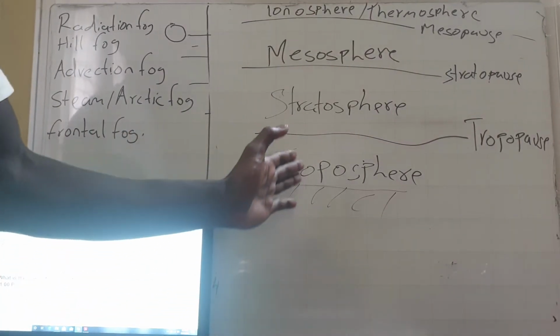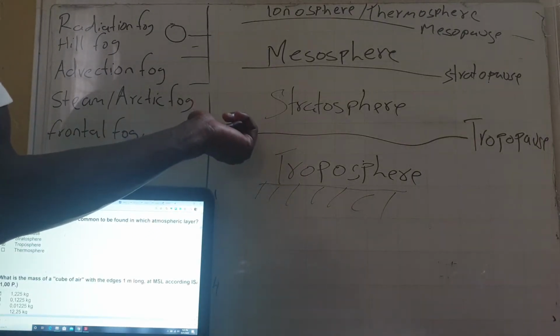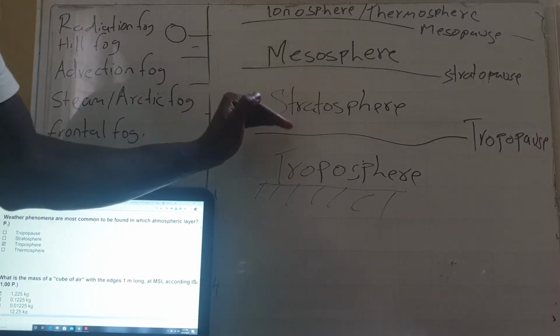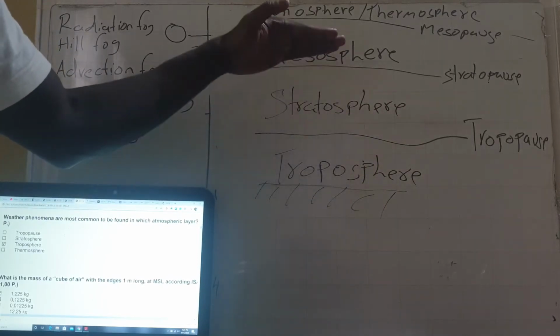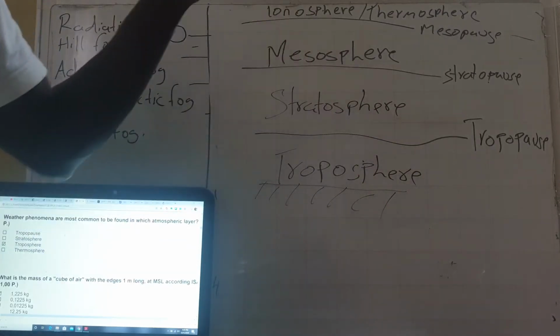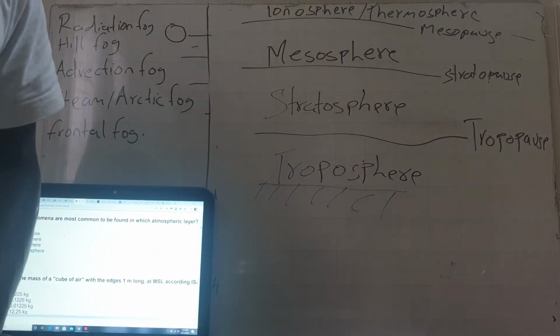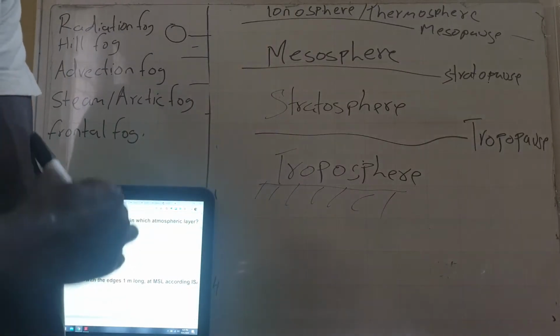Because in an ideal situation, the height of this troposphere, the height of the tropopause, which is the boundary, the topmost part of the troposphere, is determined by temperature characteristics.